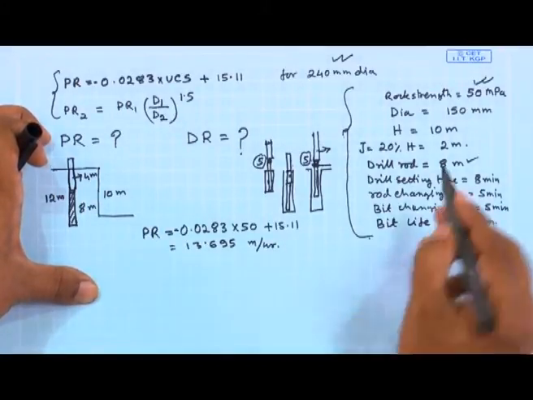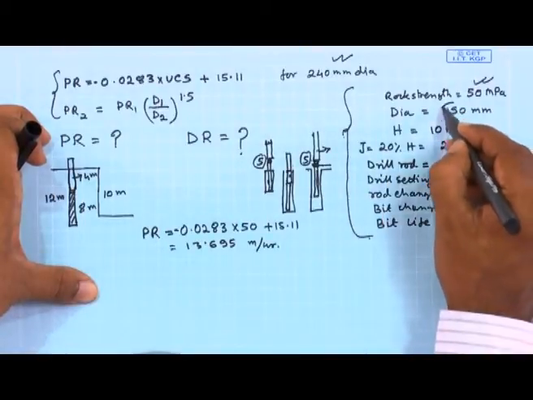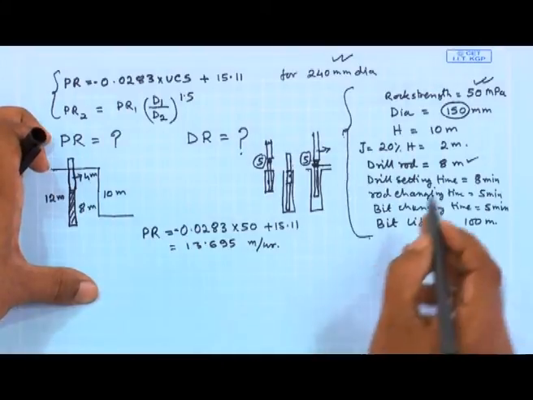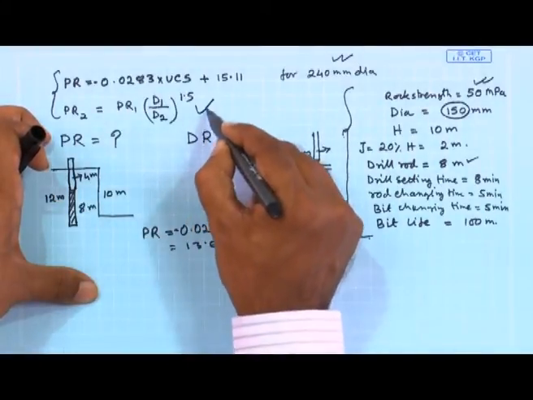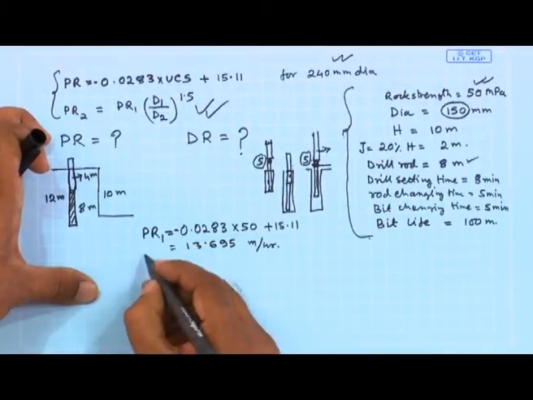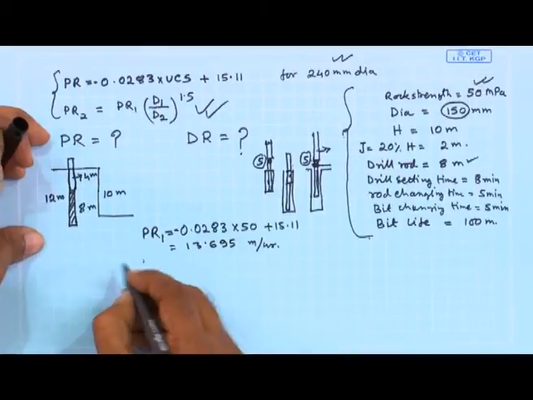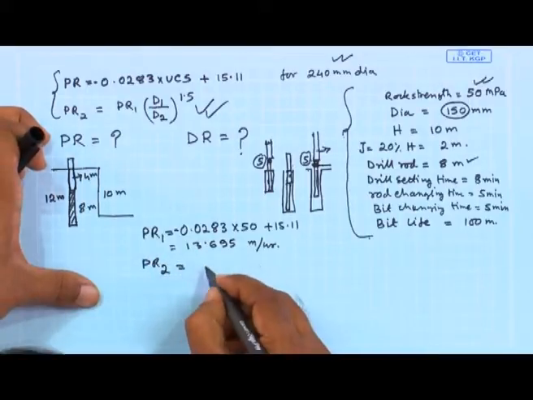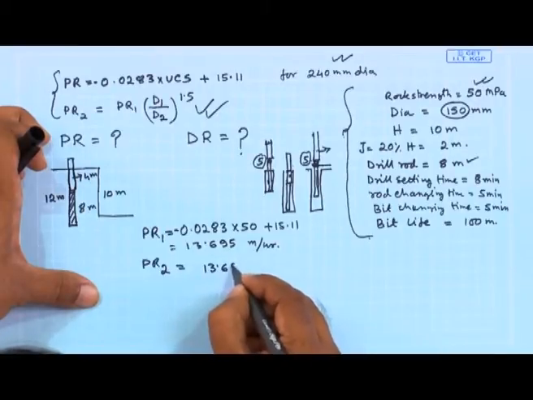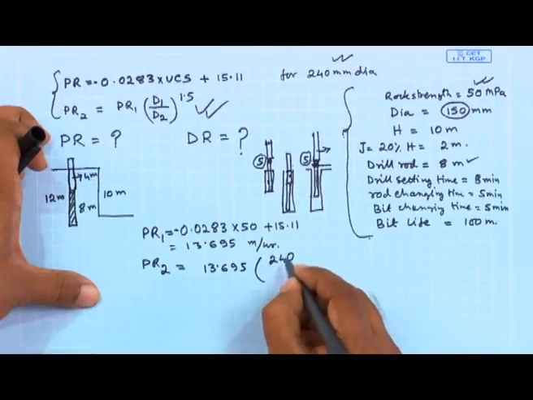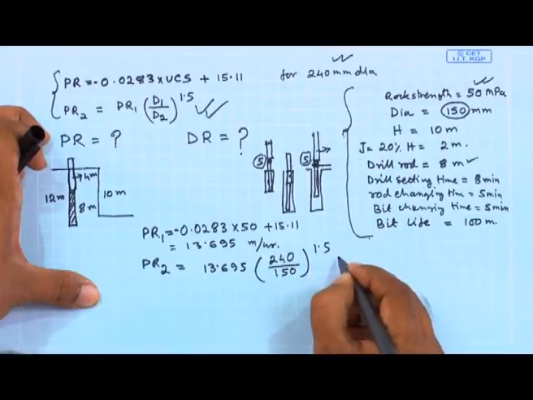Now, our diameter requirement is 150 mm, and as it is 150 mm, we have to use this formula for converting these two. Considering this is PR 1, now our PR 2 is equal to 13.695, D 1 is 240 divided by 150 to the power 1.5.